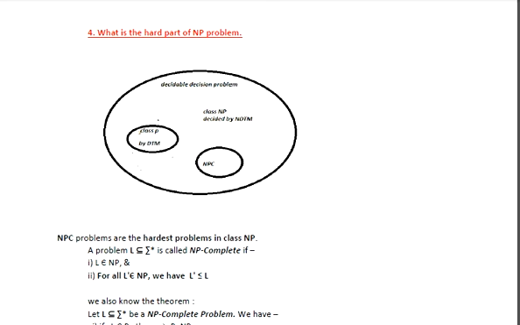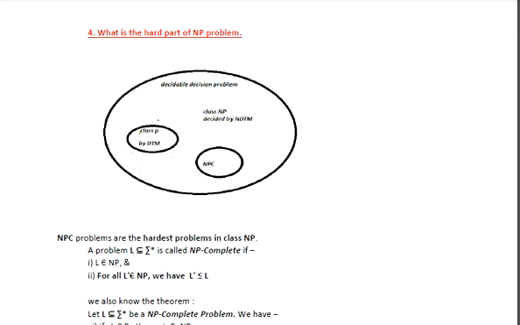We also have a subset which is class P, which can be solved by a deterministic Turing machine in polynomial time. And we also have the NP complete problems, which are in the NP class, and other NP class problems can be solved from these problems.